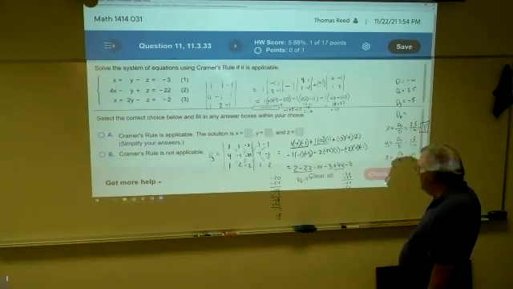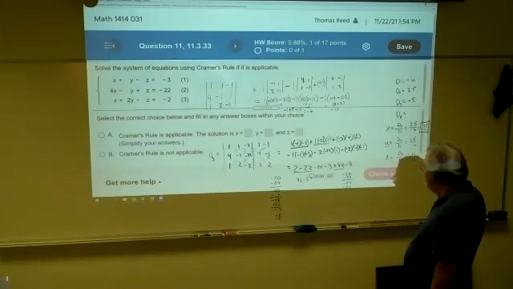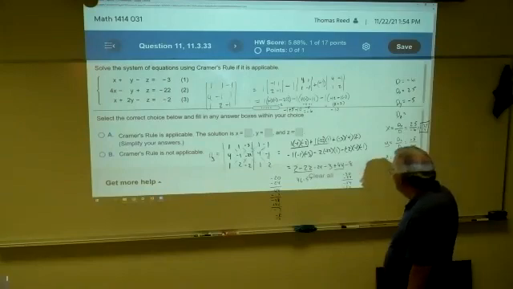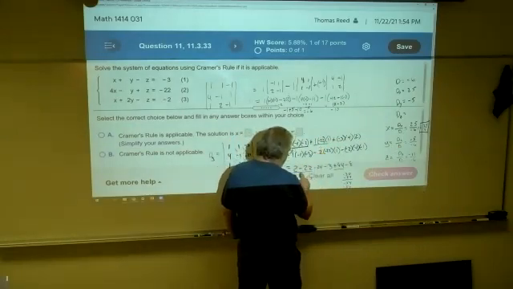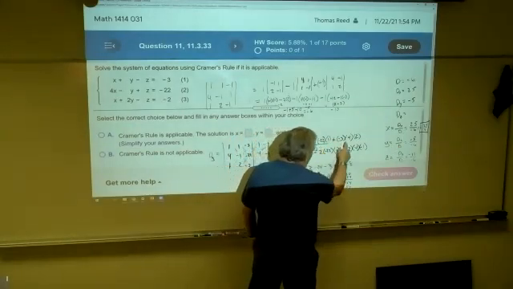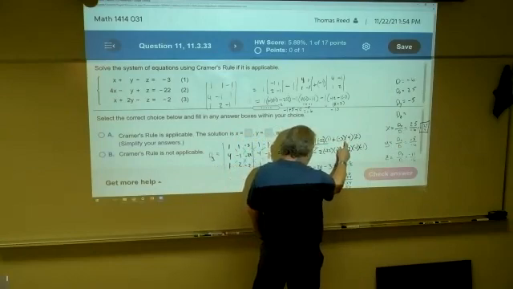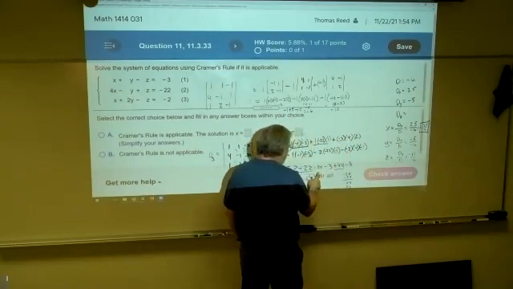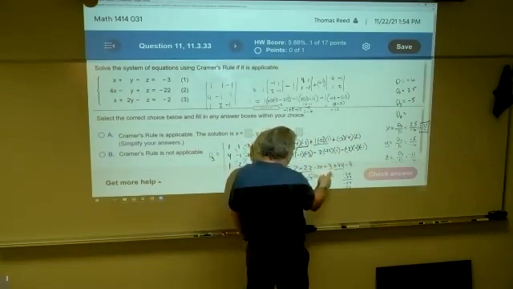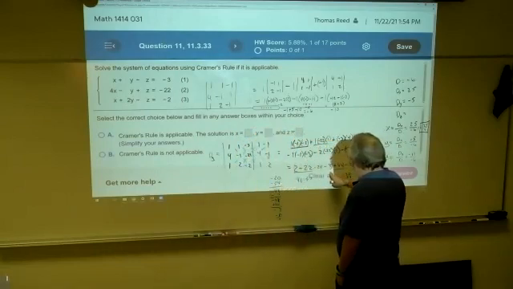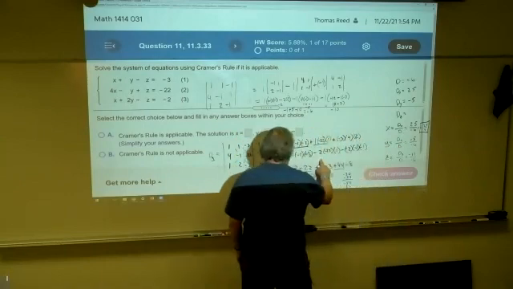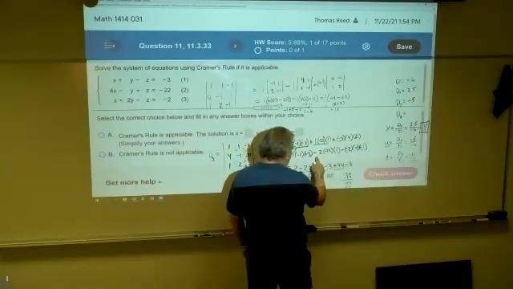So I wrote down all the multiplications for it. 2, that gave me a -22, so we're subtracting. That gave me a -24, so we're subtracting. That gave me a +3, so we're subtracting 3. And this gave me a -44, so that becomes +44.